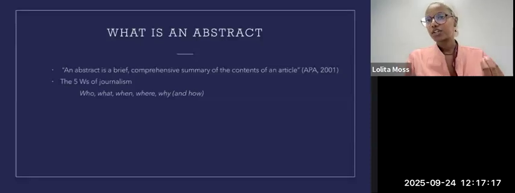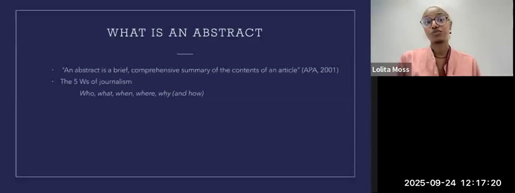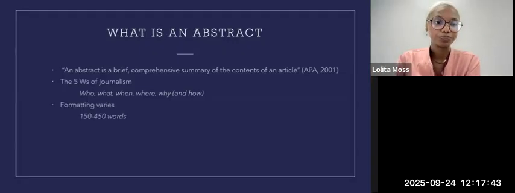And it always includes those 5 W's of journalism: the who, what, when, where, why, and then, of course, the how, which kind of goes into the what. It gives you all of the basic info that you need to understand how the project or the study was carried out, and what was happening.